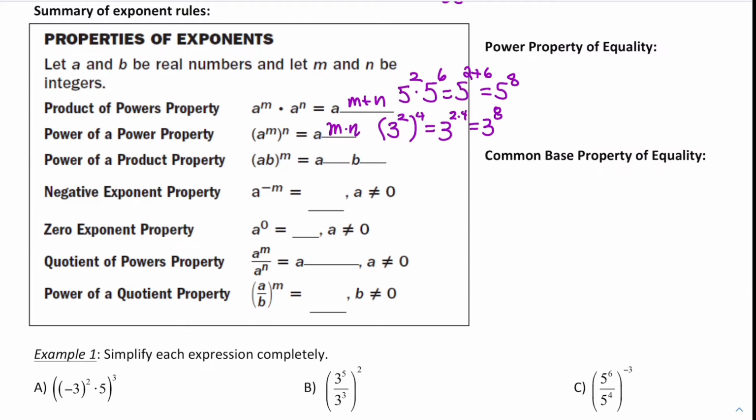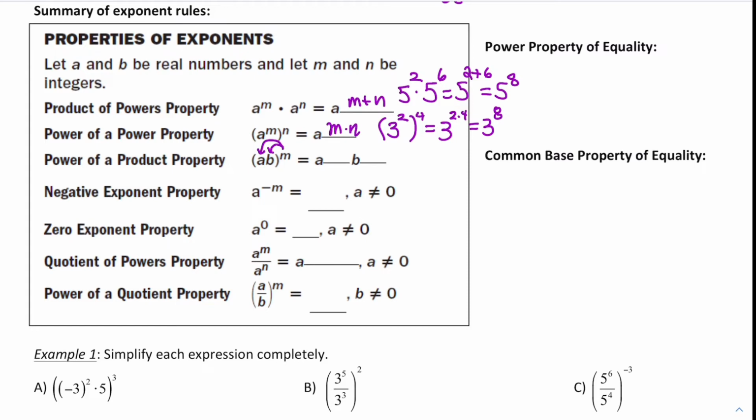Power of a product property. So a times b is a product. It could be 2 numbers, a number and a variable, 2 variables. And if they're in a set of parentheses that is raised to an exponent m here, then this is really like the distributive property for exponents. You can distribute that power to each of the elements in there, each of the factors of that product.